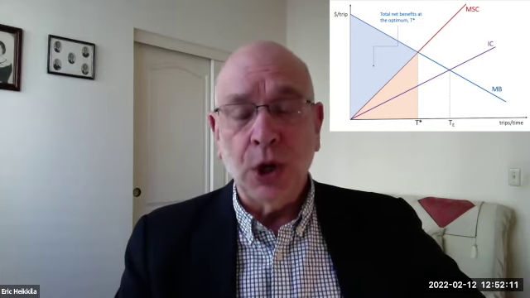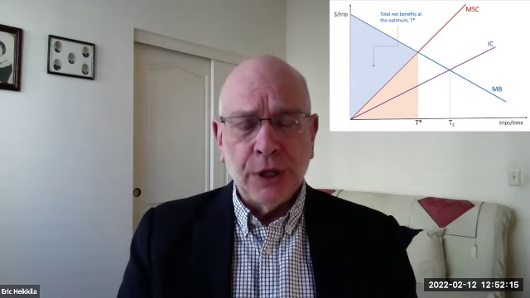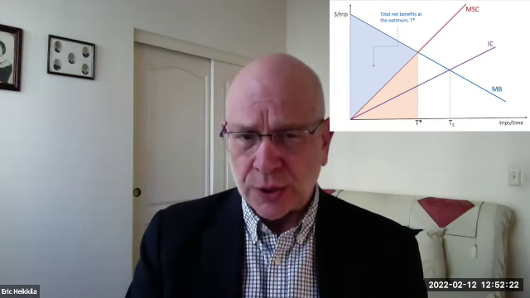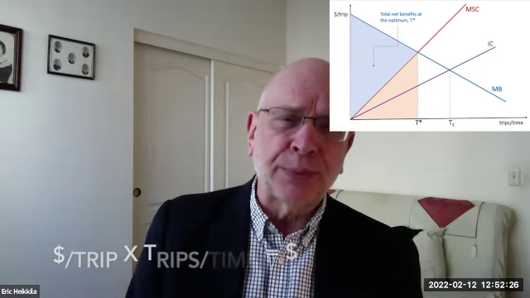And at that optimum, T star, we can see that this light blue shaded triangle represents the total net benefits derived from the use of this transportation system. So this is actually the transportation system in use, right? And that's why we're measuring trips per time and dollars per trip.